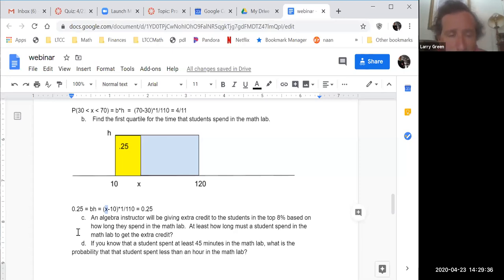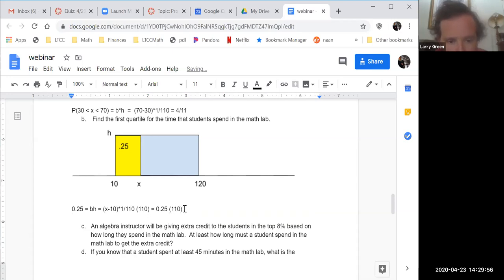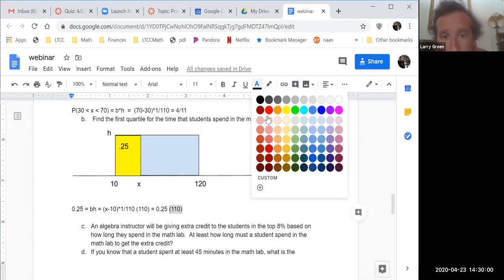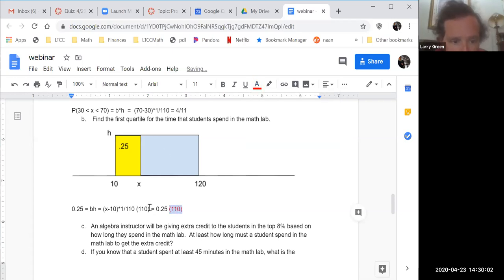If we multiply by 110 on both sides, then that will get rid of the 1 over 110. And I think I'll do that in red, so you can see that that was what was done.